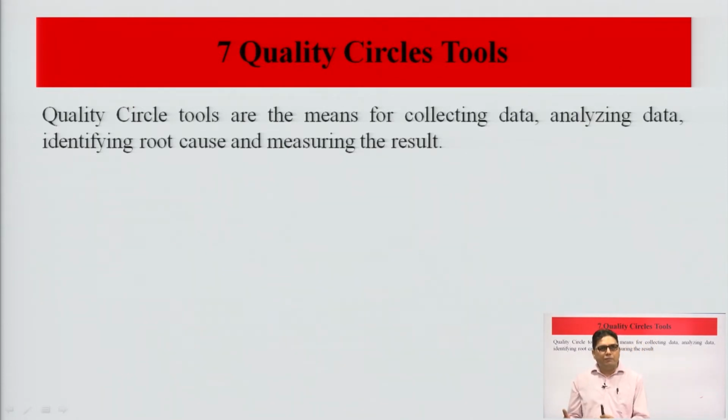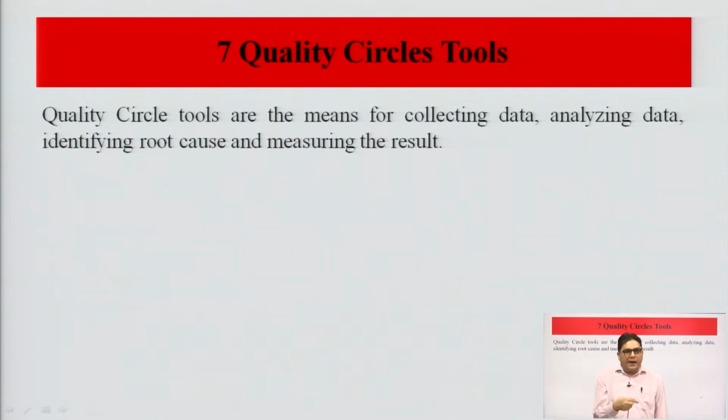Similarly, a telecommunication company can collect the data of its customers over a certain period of time, for example 6 months or a quarter of 3 months, and analyze what kind of quality standards are being maintained so that the services are full of quality. So, these 7 quality circle tools are more dependent on statistics and data.